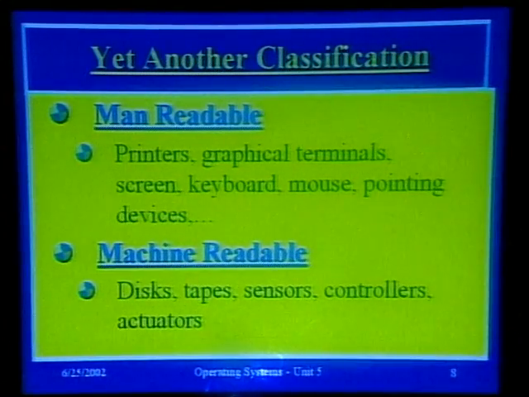The man-readable devices, for example, are the printers, graphical terminals, screens, keyboards, mouse, and pointing devices, whereas the machine-readable devices are disks, tapes, sensors, controllers, actuators, and so on.